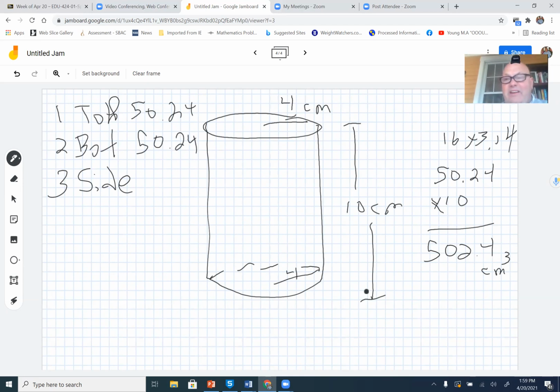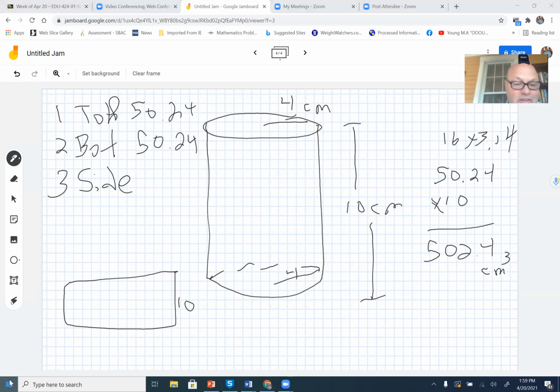Now, the area of the side, here's what I want you to visualize. I'm going to take a scissors and cut it along this side and unroll it. Then we have a rectangle. And the width of the rectangle is actually the height of the cylinder. So that would be 10 centimeters. And the length would be the circumference of the circle, which is 2 times pi times r, would be 8 times pi.